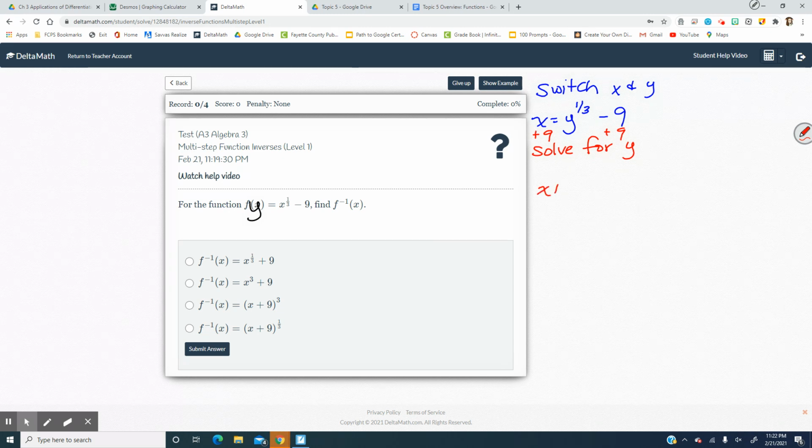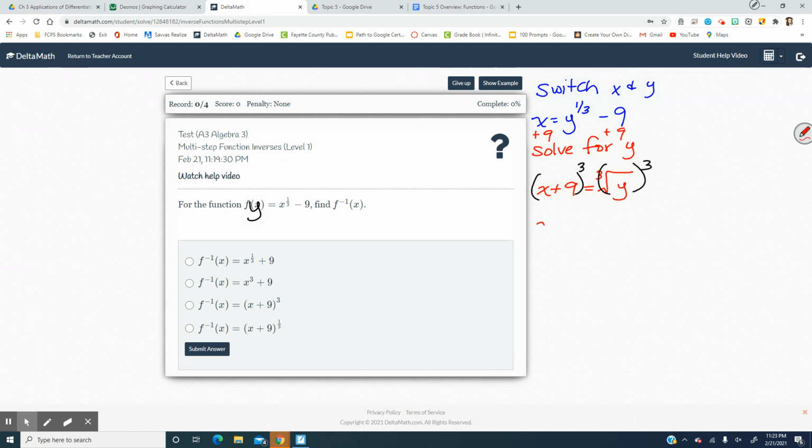So x plus 9 equals y to the 1/3. Now y to the 1/3 is the same as the cubed root of y. So then to get the y by itself, I can raise both sides to the 3rd power.